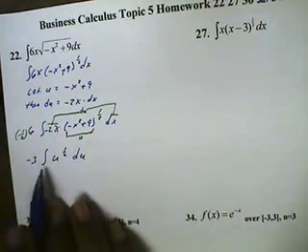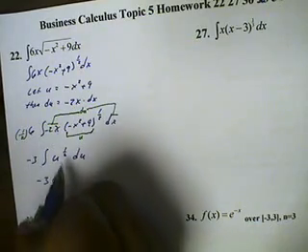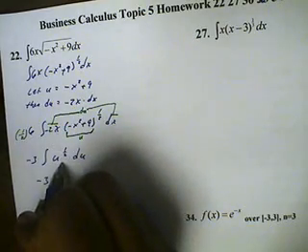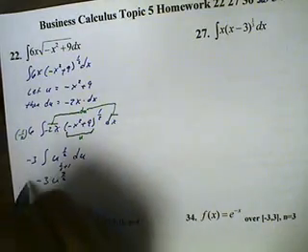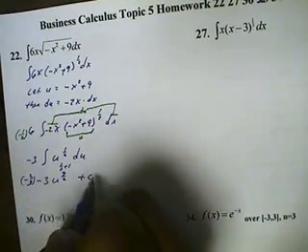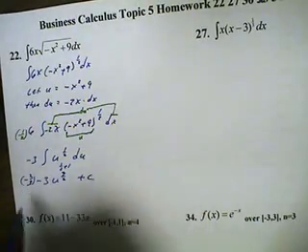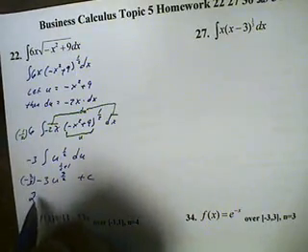The antiderivative of negative 3u to the 1/2 would be negative 3u, add 1 to the power, so we get 3/2, and the reciprocal of 3/2 is 2/3, plus c to make it indefinite. The combination here gives us positive 2.